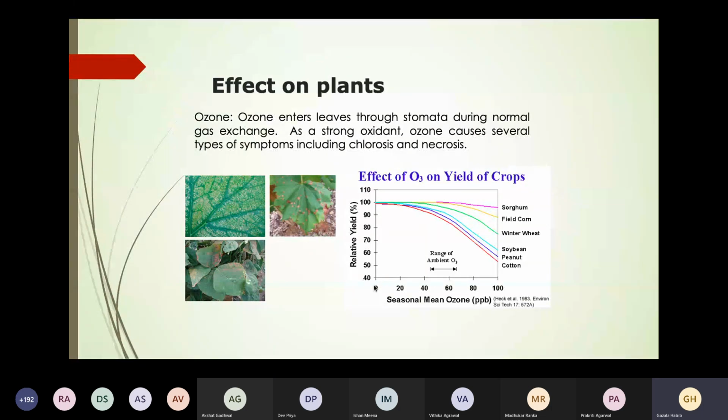The ozone also enters as a strong oxidant, because this is an oxidant, and I just forgot to mention to you the PAN, peroxyacetyl nitrate formation. There are many catalysts in this reaction, and one of them is O3.